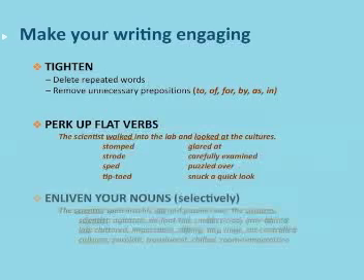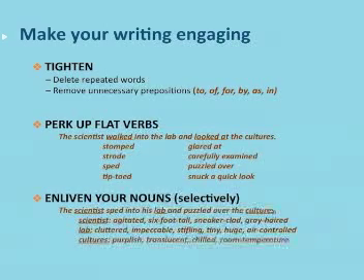And the same thing with nouns. In that same sentence, you want to do this selectively. You don't want to do this throughout your whole story because then it will become too grandiose. But in certain areas where it will really help your reader see what you're talking about, you can look for adjectives that describe the scientist. Is he agitated? Is he tall? Is he wearing sneakers? Is he gray-haired?